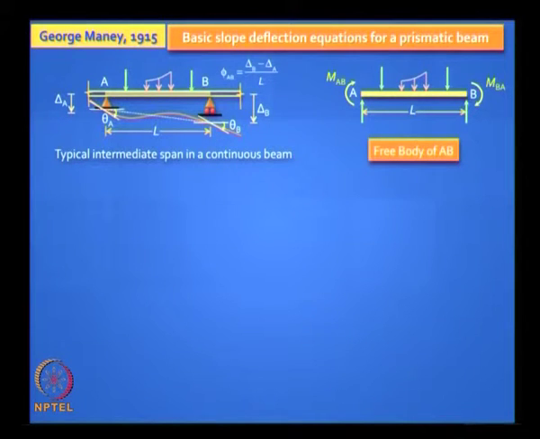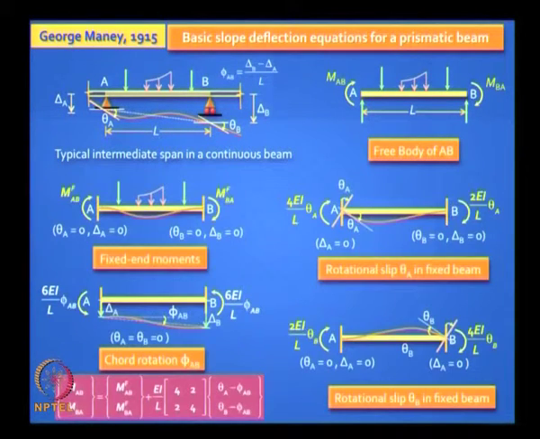It goes back to 1915, George Maney. So typically we look at any intermediate beam in a continuous beam system, and we are trying to write down slope deflection equations, which is we are trying to write the end moment equations MAB and MBA, assumed clockwise positive here, in terms of slopes and deflections.